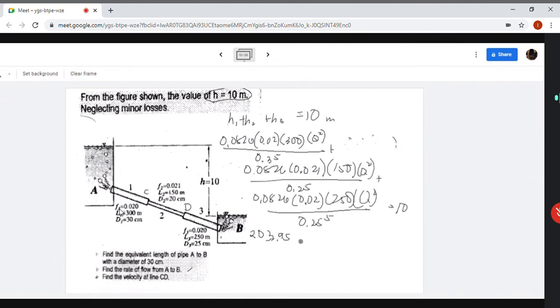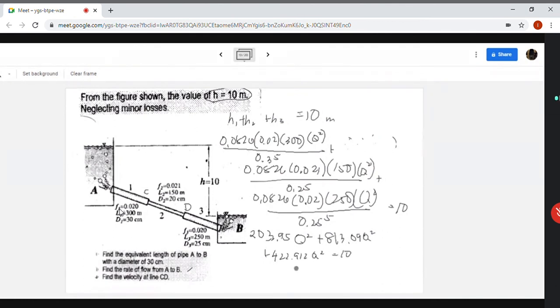So 203.95 Q squared plus 813.09 Q squared plus 422.912 Q squared is equal to 10.